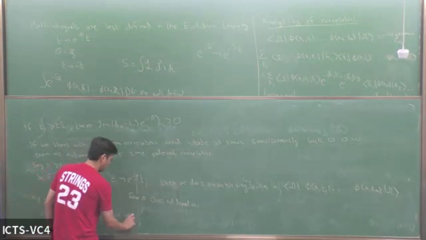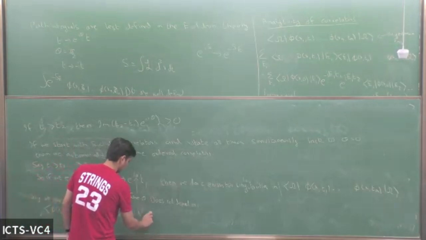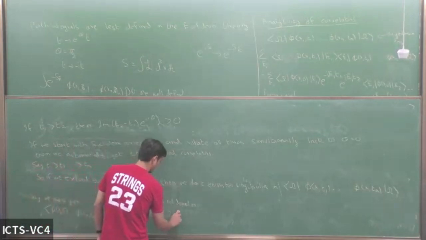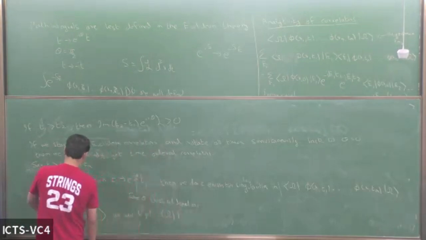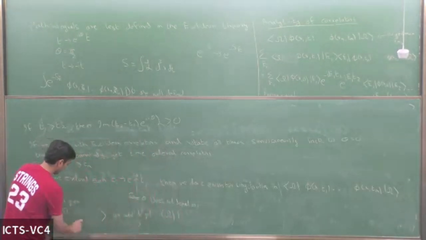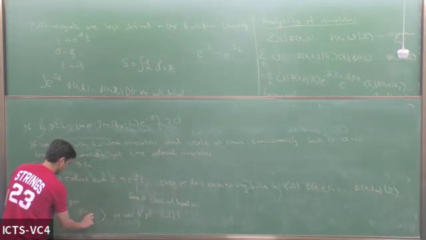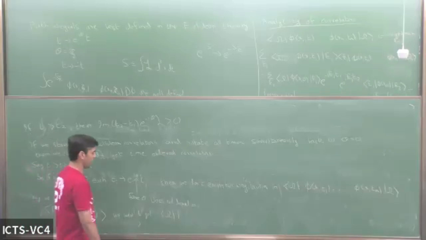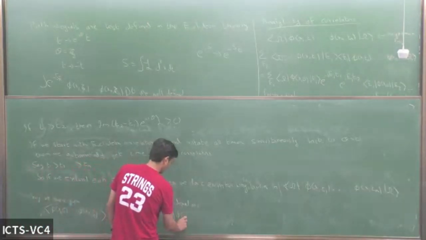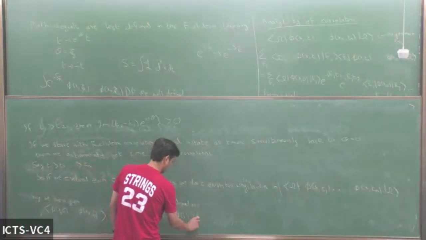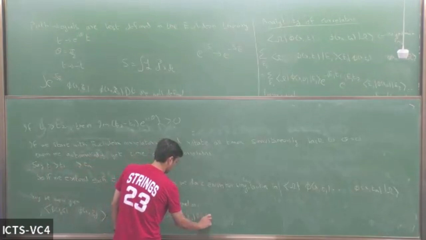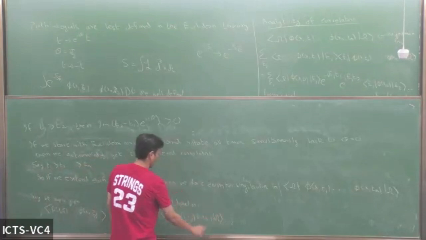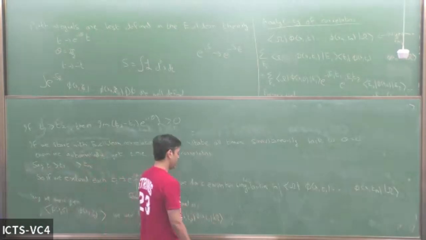We want to get. Let's do it for a 2-point function, okay? And we want to get, but t1 is larger than t2.